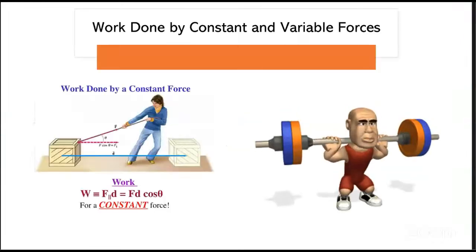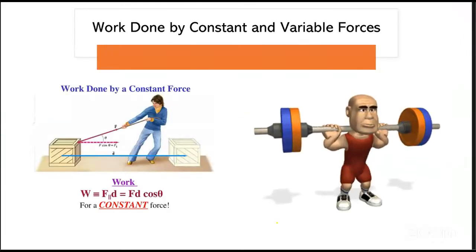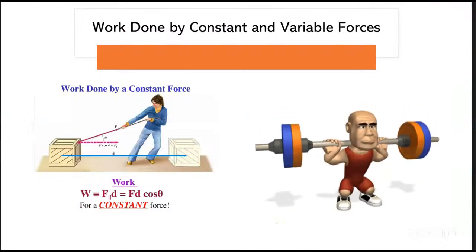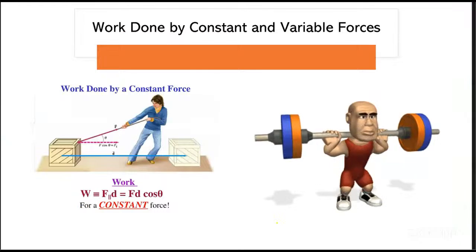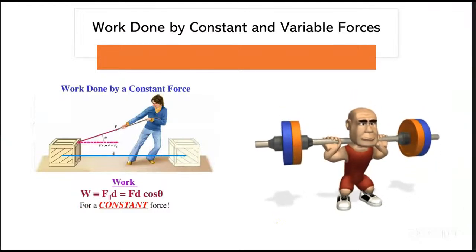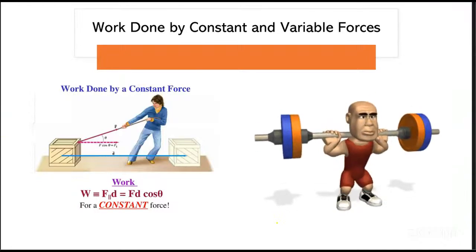Now the very first thing that you need to learn in the work, energy, and power chapter is: what is work done? Work done is force into displacement, we all know.